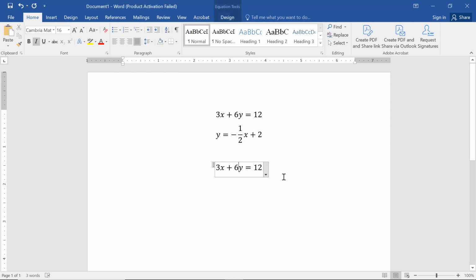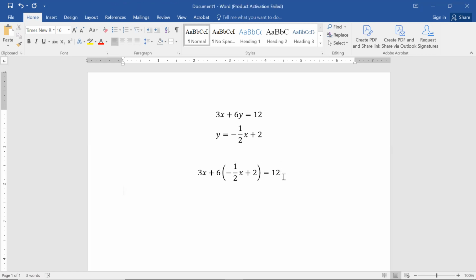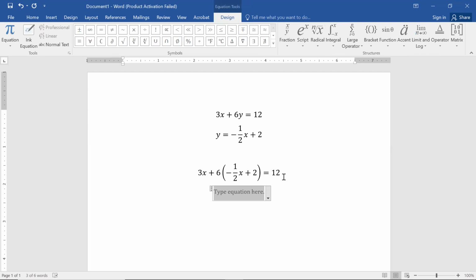So replace the y with the expression negative 1/2 x plus 2. And then I go to solve. When I distribute, 6 times negative 1/2 x becomes negative 3x. 6 times 2 gives me a positive 12.